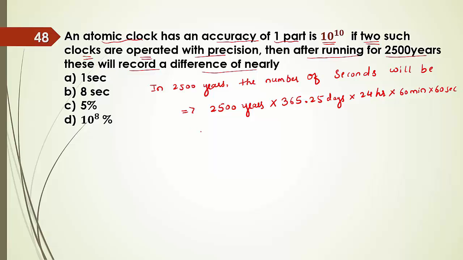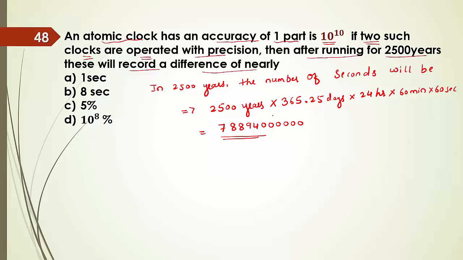Multiply all these values and we will get the answer in terms of seconds: 788940000. This is the number of seconds for 2500 years.